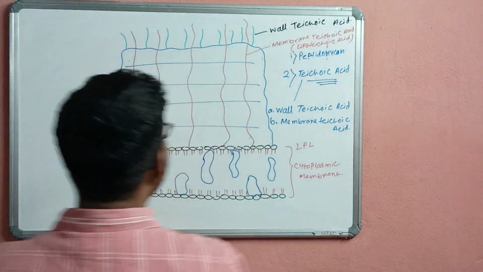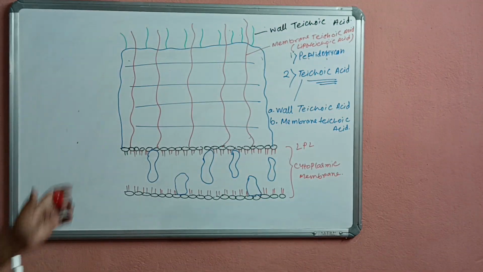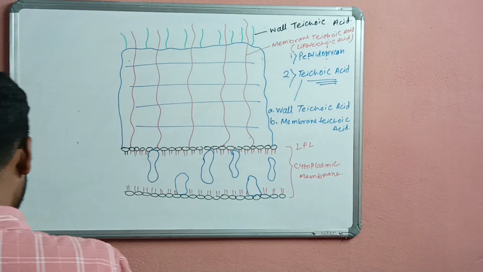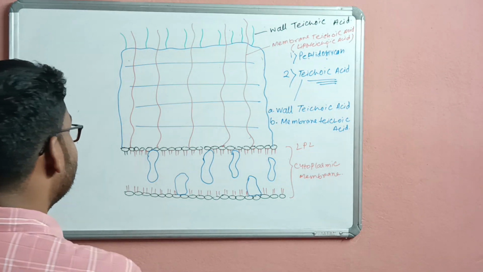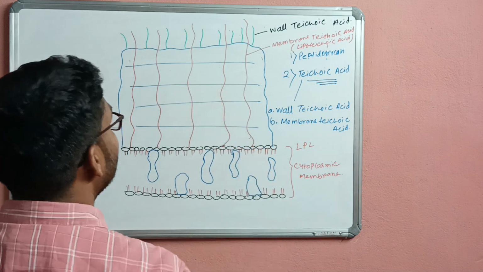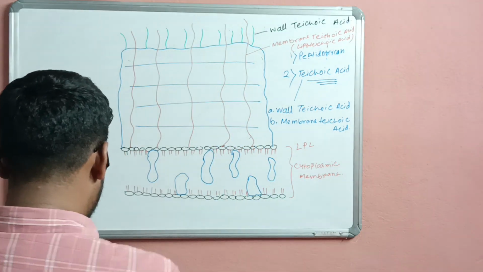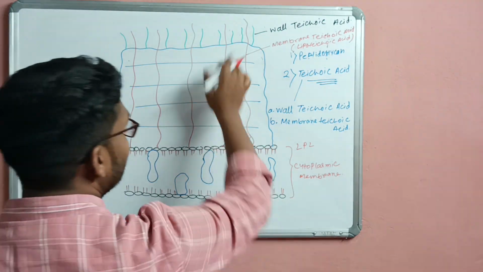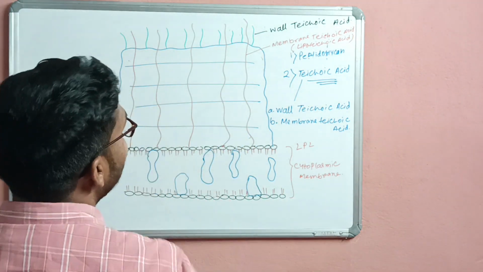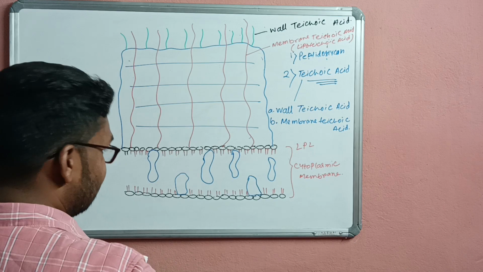Okay. So it is clearly seen. It is linked to the membrane glycolipid and concentrated in the mesosome. Okay, this is membrane teichoic acid.